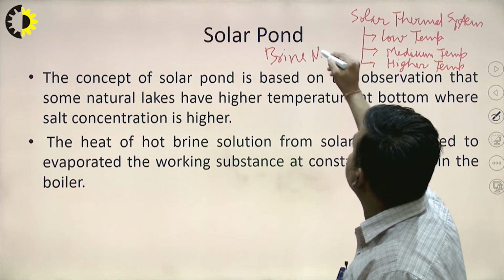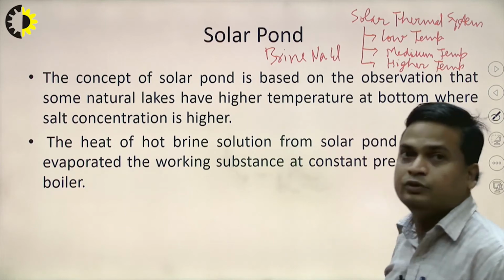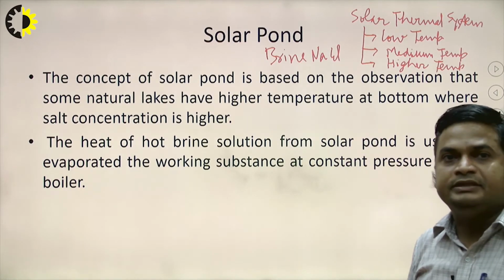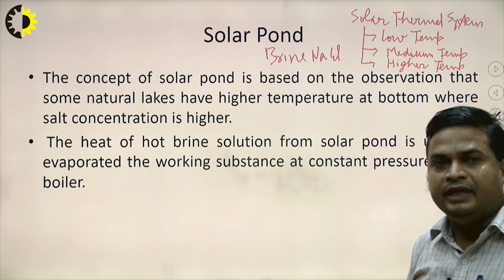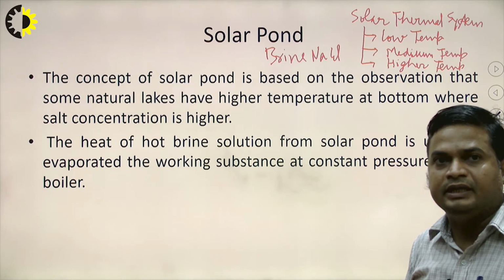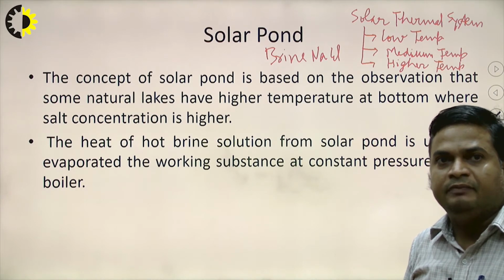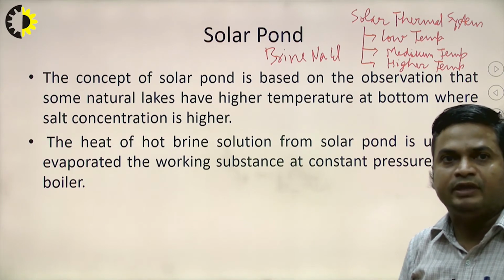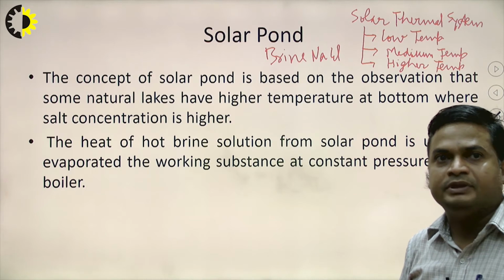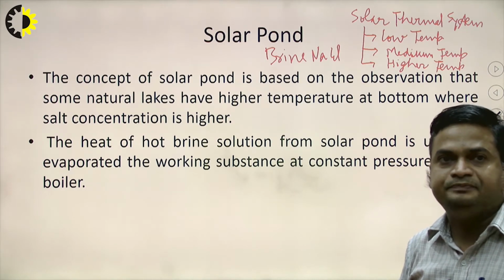Brine, that is sodium chloride solution, is there as a thick layer, and these radiations are absorbed. This hot brine, heated by the sun's radiations, is used to transfer the energy to the working fluid for some useful application.